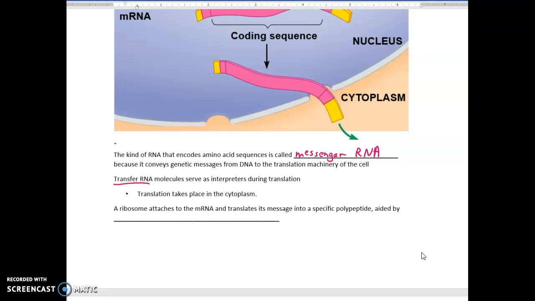The transfer RNA is going to serve as an interpreter during translation, and this takes place in the cytoplasm.